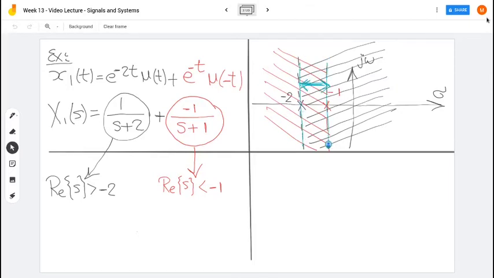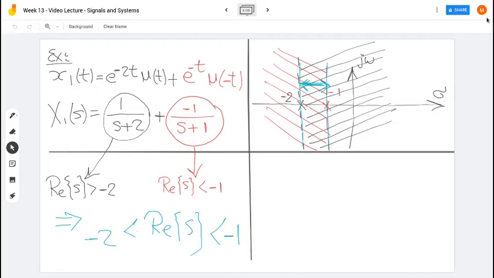So the new region of convergence would be the real part of s larger than minus 2 and less than minus 1. As you can see, it's actually a strip that's basically parallel to the j omega axis.